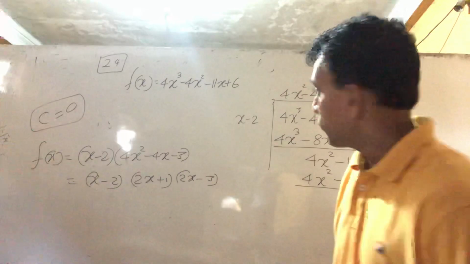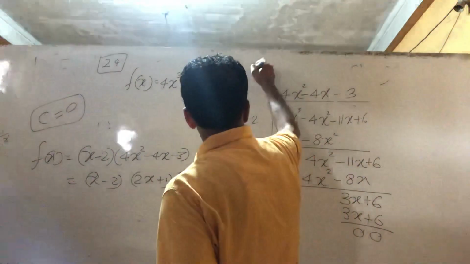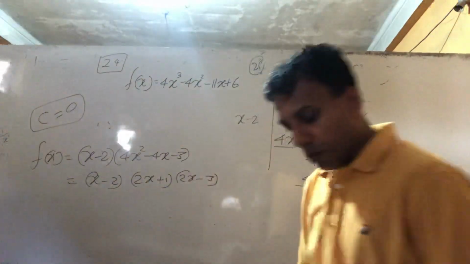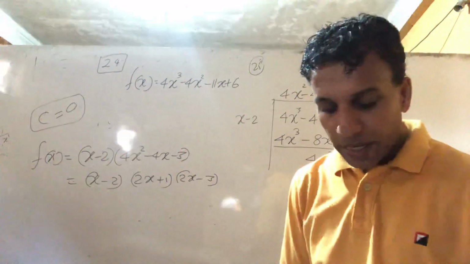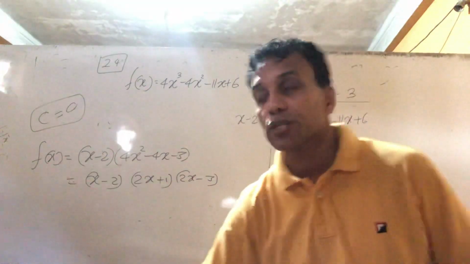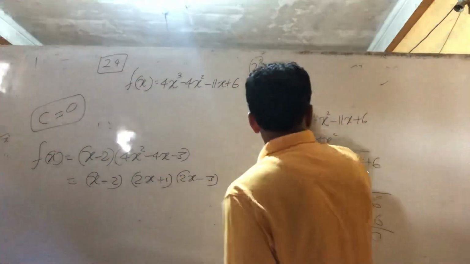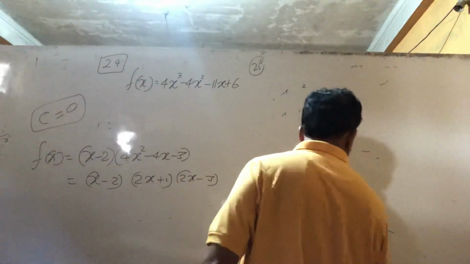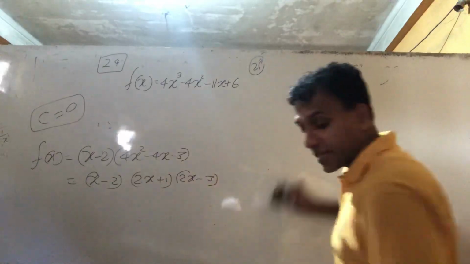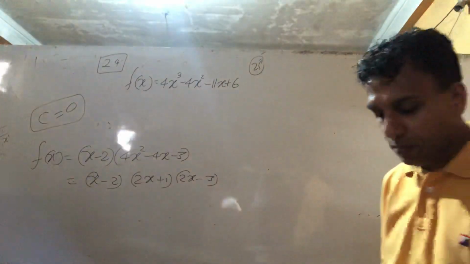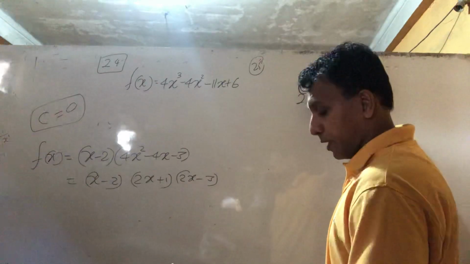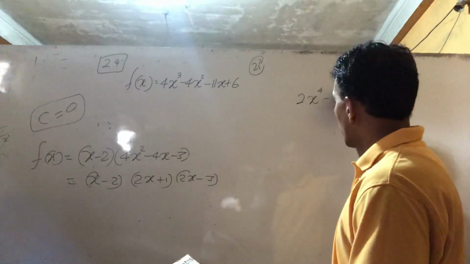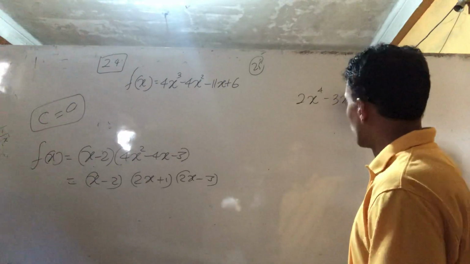Let us see question 25. Problem 25: for what value of a is 2x to the power 4 minus 3x cubed plus ax minus 6 divisible by x plus 2? Divisible means x plus 2 is a factor, perfectly divisible, no balance.